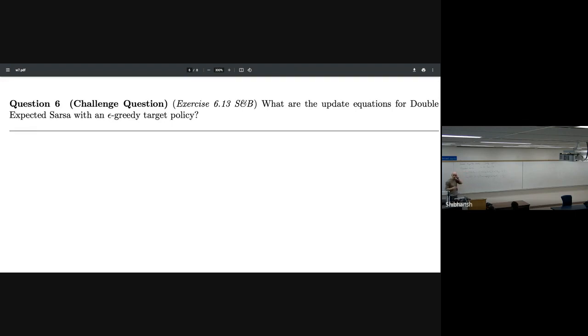So notice that this depends on Q_t and S_{t+1}. I use the indexing t+1 because that's the most recent time step that we need to have access to data from.